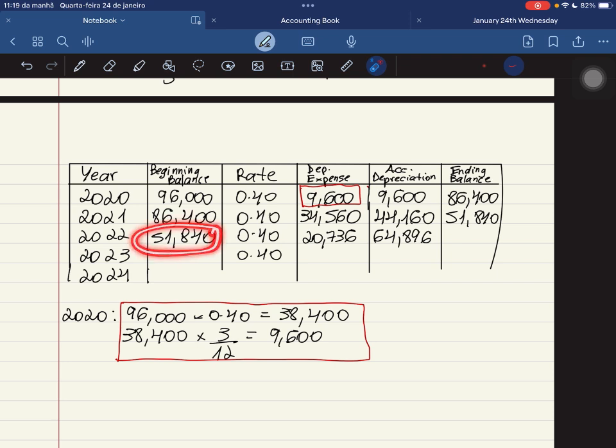Ending balance, this minus this. If you multiply this by this, you're gonna get a broken number, so I'm just gonna round it up to 12,442 to make it easier for us to calculate.